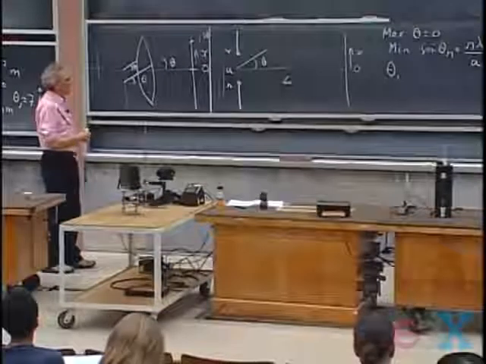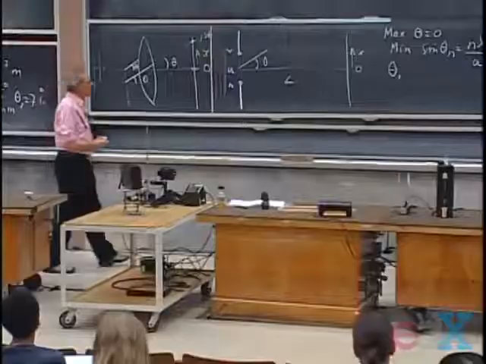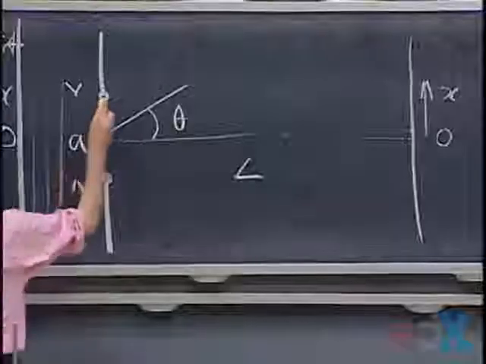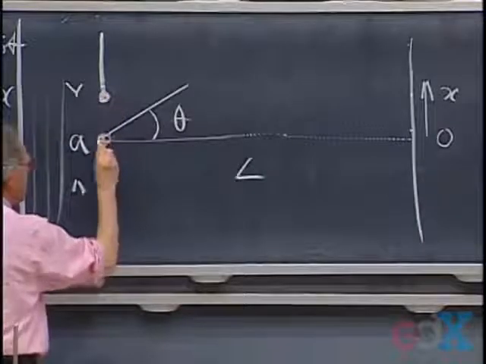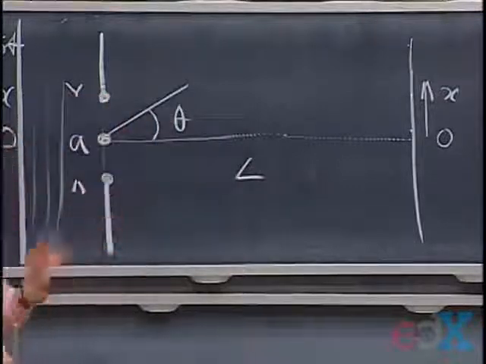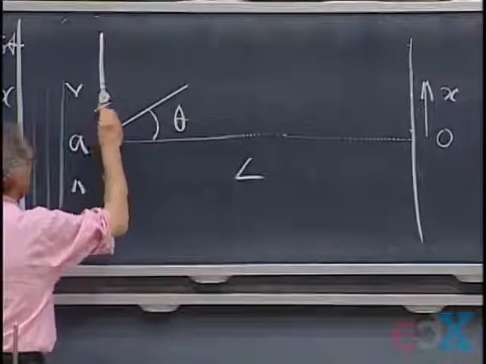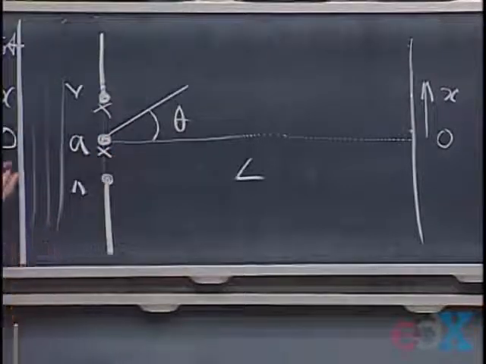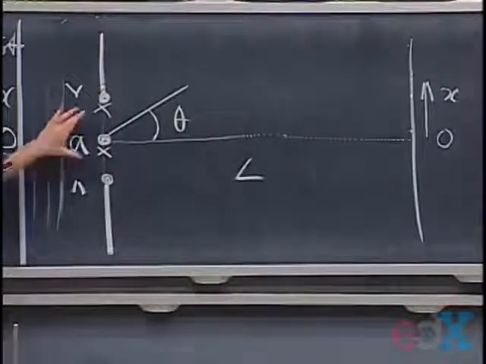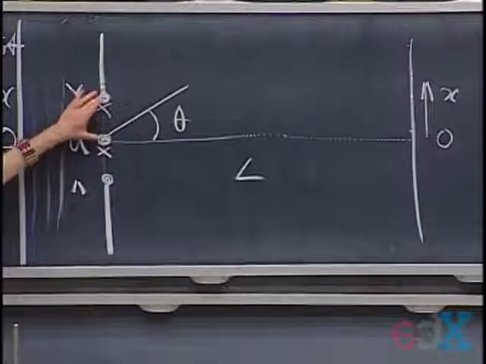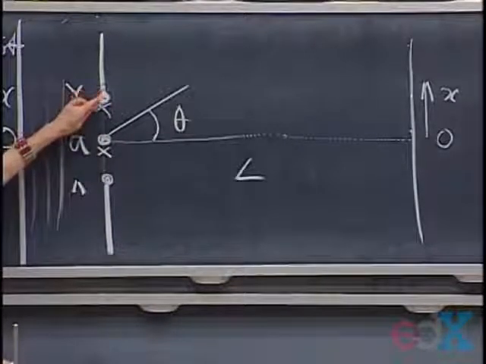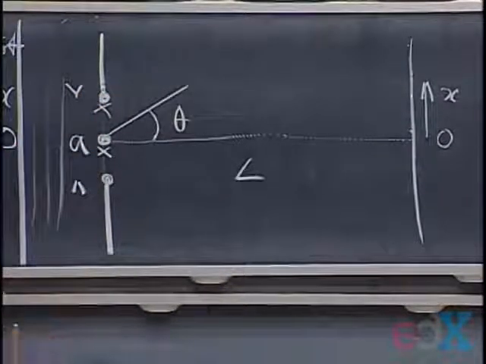And so you will then say, aha, that's constructive interference. That's true. But that means this Huygens source and this Huygens source will then have a difference in path of half a lambda. So they will kill each other. And that means this Huygens source and this Huygens source will have a difference in path length of 1/2 lambda. So they will also kill each other. And so in this upper half, there is always one Huygens source which will kill the one at the bottom.